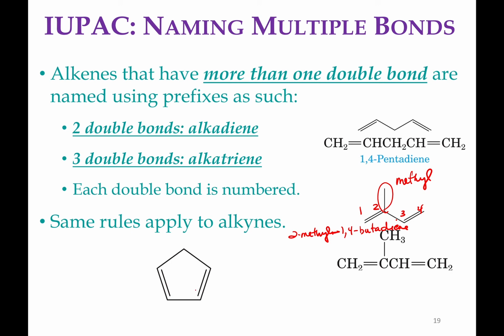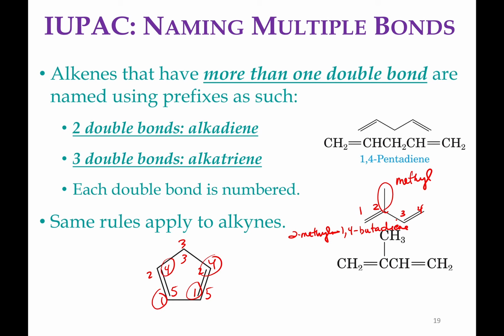Now with the ring, same thing, but now I do have to put numbers in there because I have more than one. 1, 2, 3, 4, 5, or 1, 2, 3, 4, 5. Either way, it's going to be 1 and 4, 1 and 4.